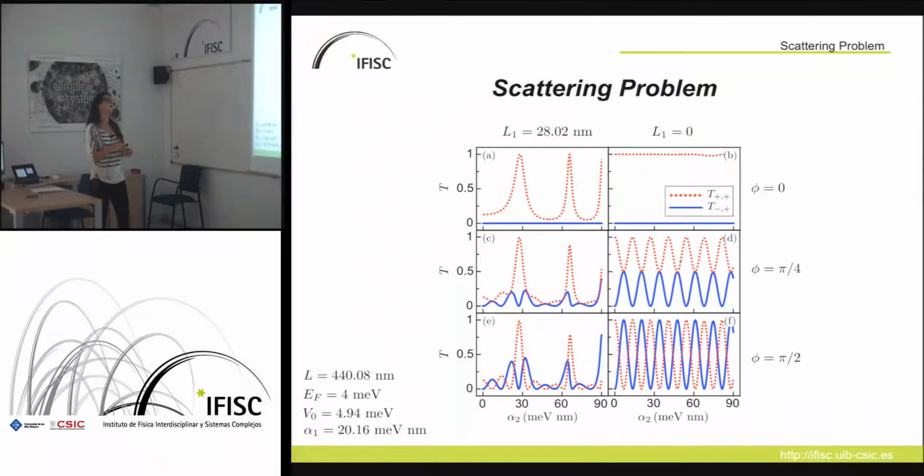We observe here that at certain values of alpha 2, the transmission probability has peak resonances. This is because the deeper the quantum well is, new quasi-bound states appear in the quantum well, and then when these states are resonant with the incident Fermi energy, we have a maximum in the transmission.